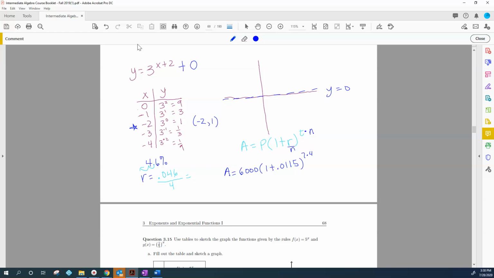And so we're really raising this to the 28th power. So if you were putting it in your calculator, you could put it in like that, but I'd go one step further and just do 1 plus this, which is 1.0115 raised to the 28th power. And most of your calculators will be able to do that pretty well. But if not, just follow those order of operations like we've talked about before.